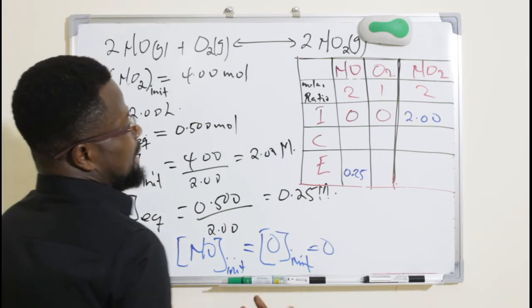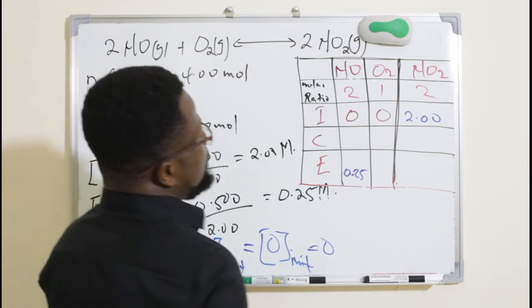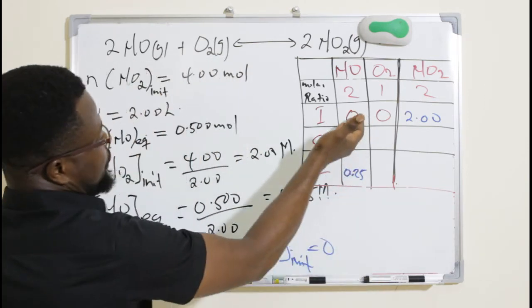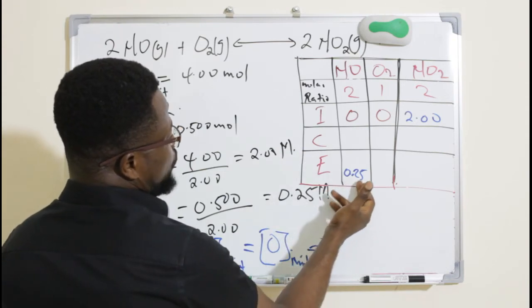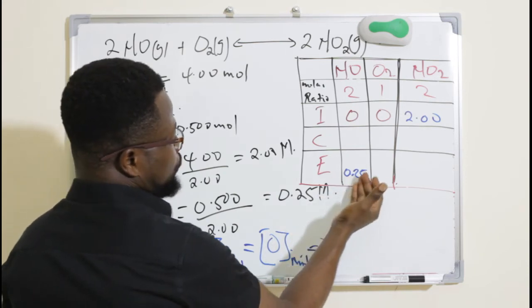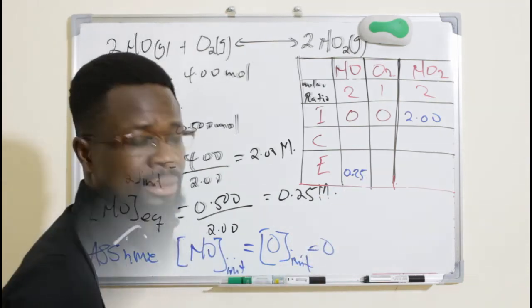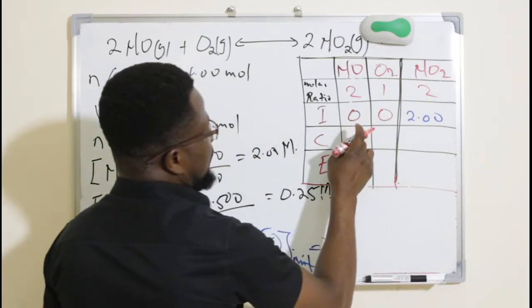Let's check and see, for the reactant we said we subtract. So if I am having 0, but now I am left with 0.25, what has happened for me to get the 0.25? If you are going to add, what are we going to add to this to get this?